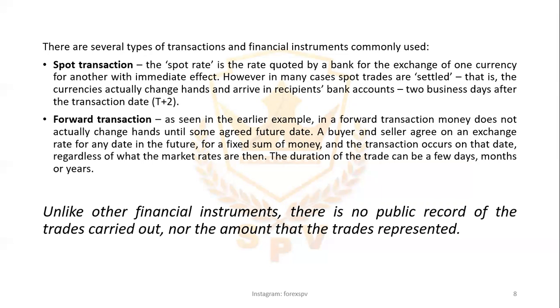So we agree today on the exchange rate that we'll be using on a future date, and when the exercise date arrives, we exercise our transaction regardless of what the market rates are then. The duration of the trade can be a few days, months, or years.